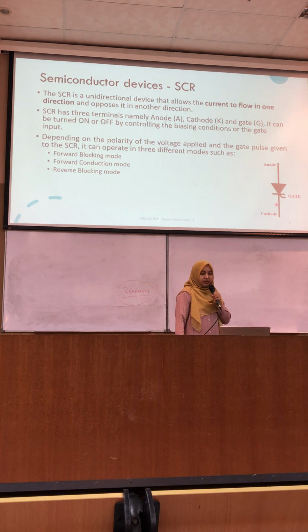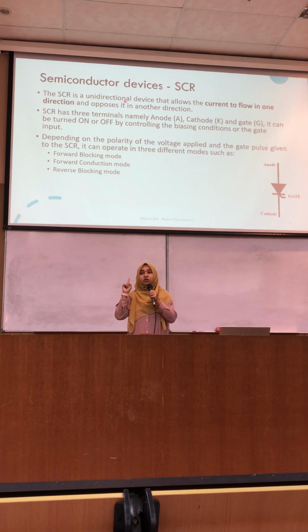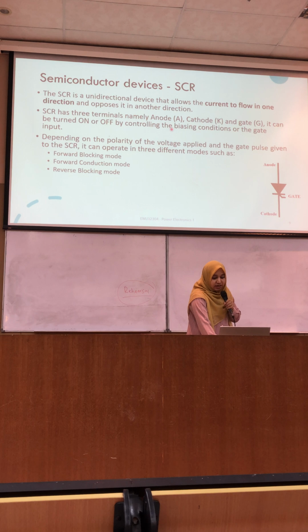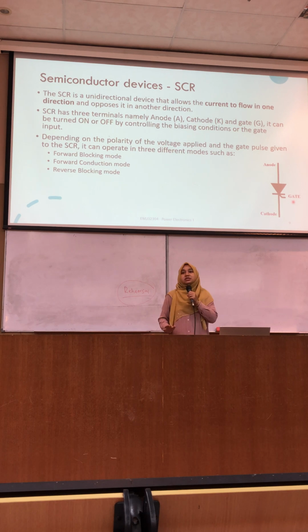Okay, so this is the symbol for SCR, silicon control rectifier. SCR is also a unidirectional device, which only allows current to flow in one direction. So it will block your current from entering the negative region. SCR has three terminals: anode, cathode, and also gate.